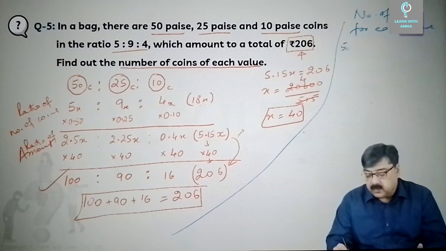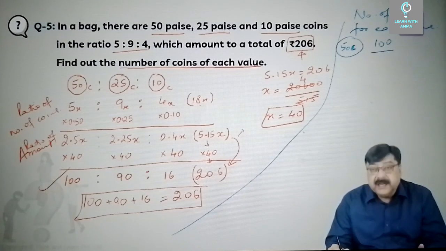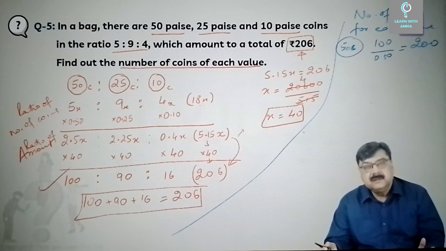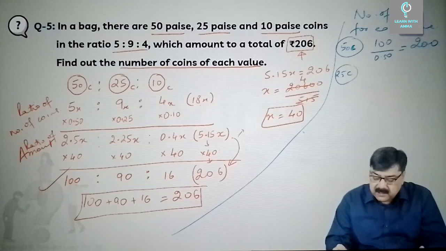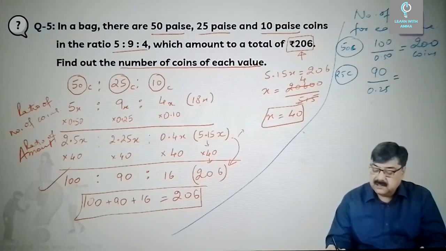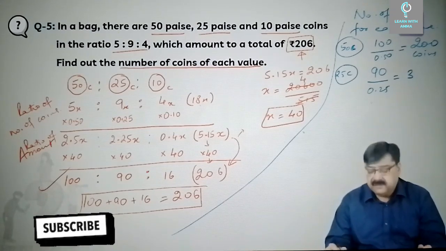Now see, the 50 paisa coins, if I am talking about, the value here is 100 rupees. The number of coins you have to find out. So in 100 rupees, how many 50 paisa coins are going to be there? Well, 200. For 25 paisa coins, they are amounting to 90 rupees. Divide by 0.25. So this is 25 into 3 is 75. 15 remains, so becomes 150.